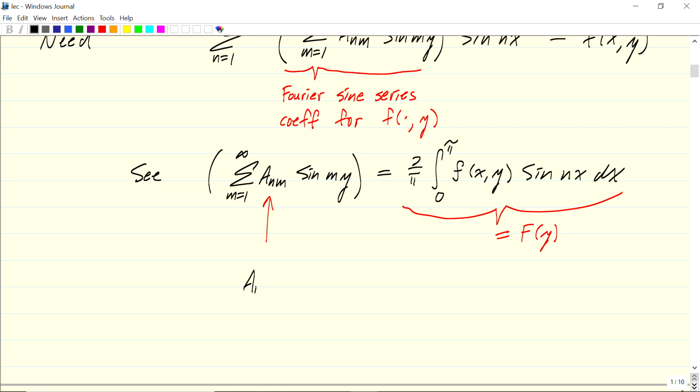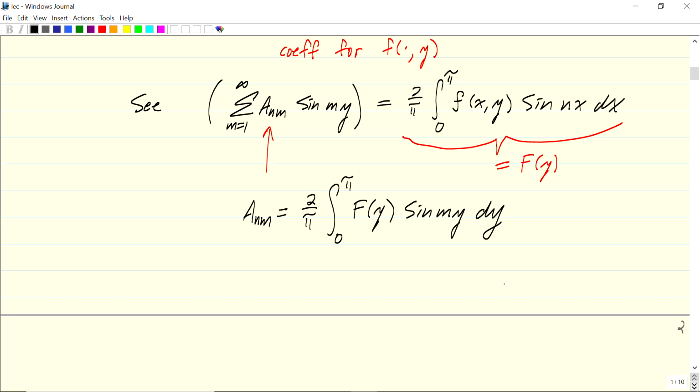So A_nm is going to be 2 over pi, integral from 0 to pi, f of y times sine my dy. And so finally we're going to come up with a formula for A_nm.